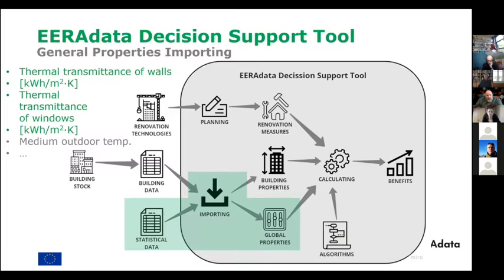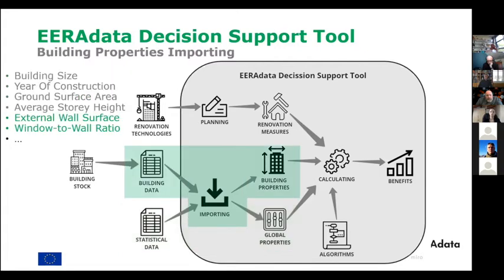They might also be climate elements, or any data that are not related to specific buildings, but more to economic factors or the conditions in the specific region. The others are building specific information like building size, year of construction, the surface area, etc.